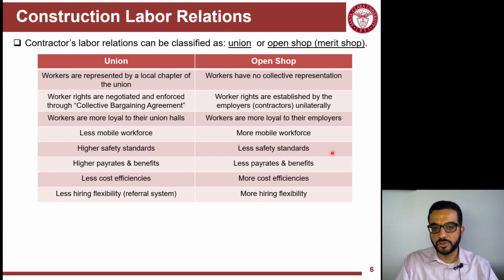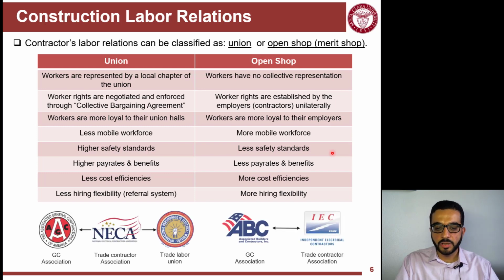This is just an example of the relationship between a GC employer, which is represented in the US by AGC, and the GC's subcontractors. One of them is electrical contractors, which is represented by NECA, the National Electrical Contractors Association.